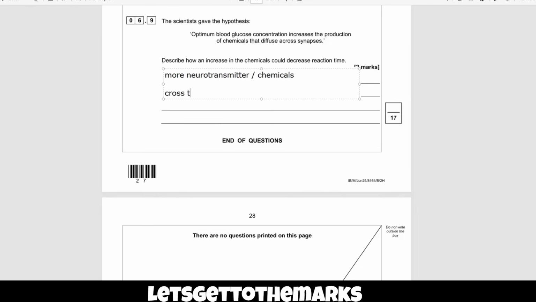Across the synapse between neurons. So, faster formation of electrical impulse.